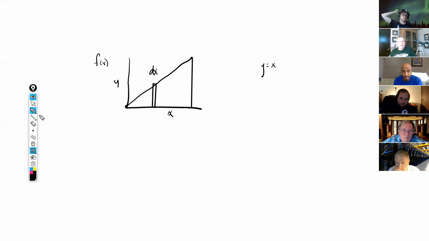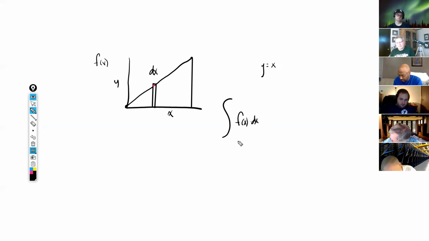How tall are they? y tall. They're f of x tall. So what I'm actually doing is summing up f of x dx. That's where the dx comes from. It's this rectangle.